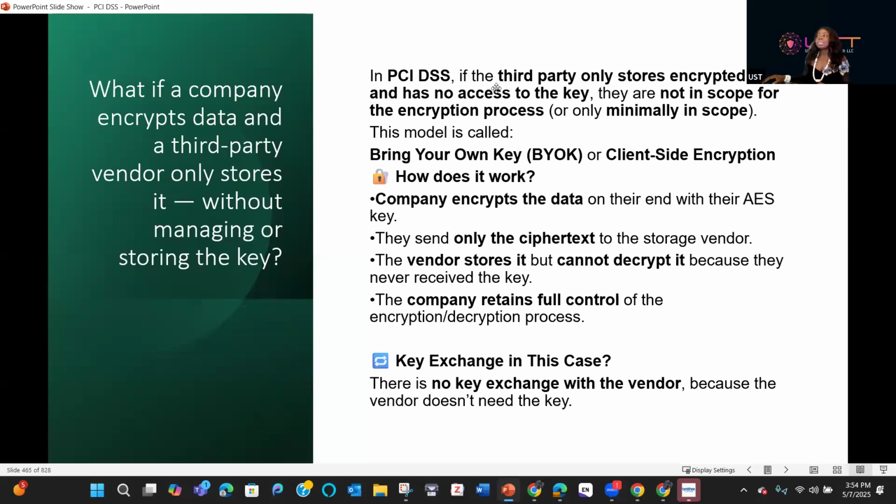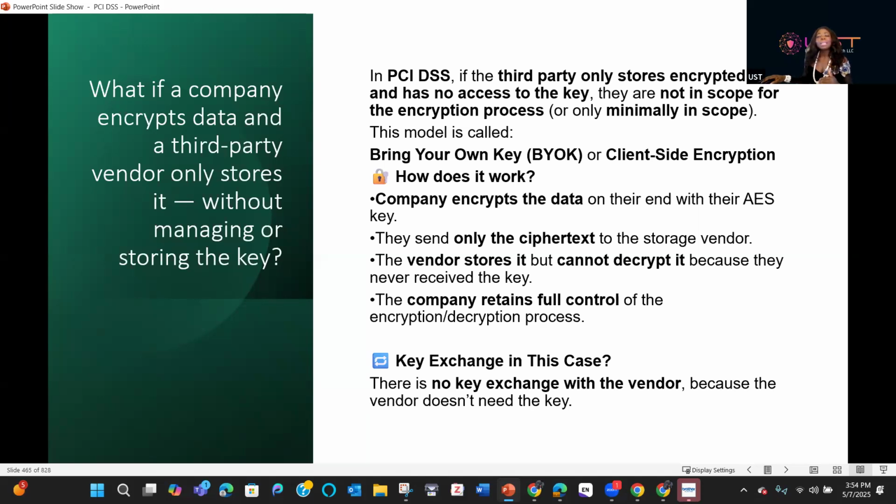In PCI DSS, if the third party only stores encrypted data and does not have access to the key, they are not in scope for the encryption process, or only minimally in scope. Remember, we said only minimally.